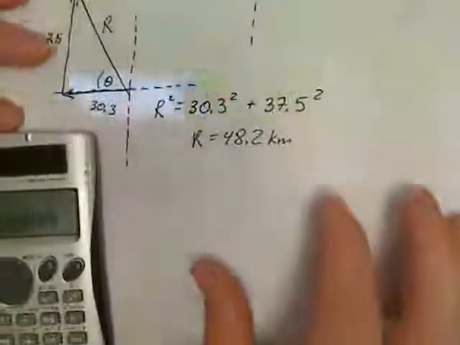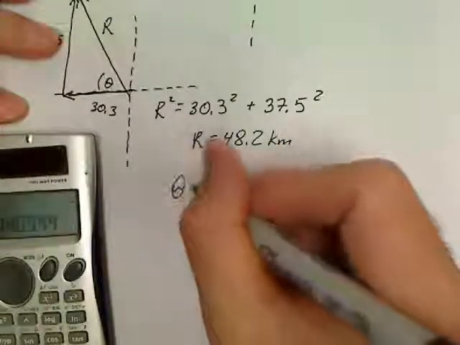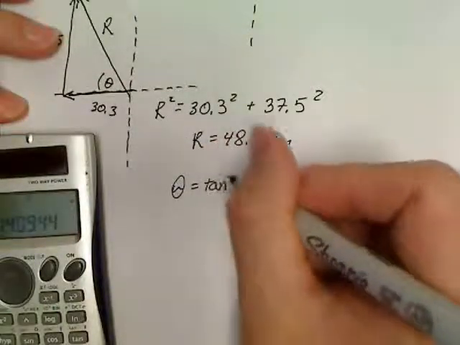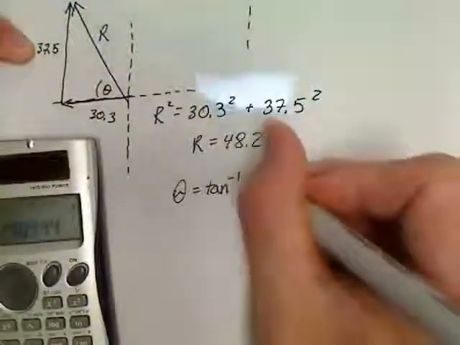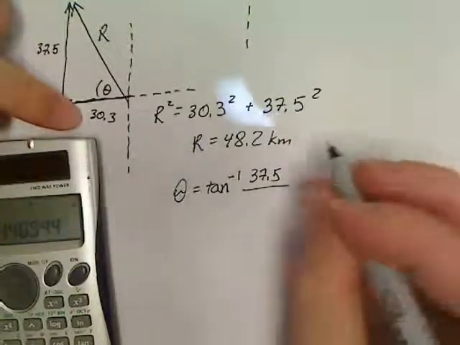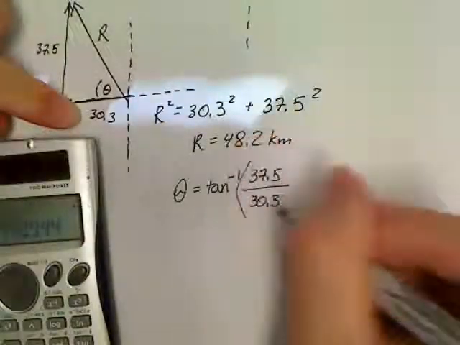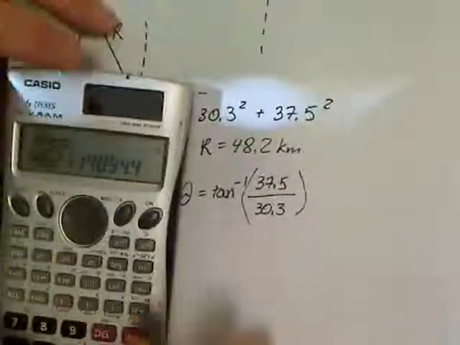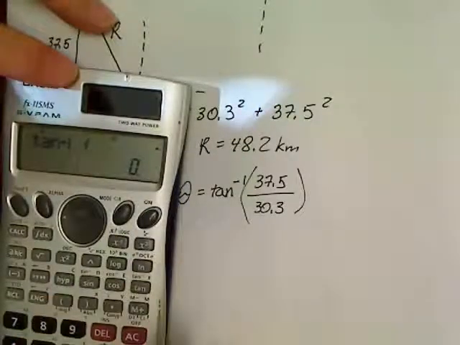And let's see if we can find this theta. Theta would be equal to tan inverse of the opposite being 37.5 over the adjacent being 30.3. And let's see what we get for this. Shift tangent, 37.5 divided by 30.3.